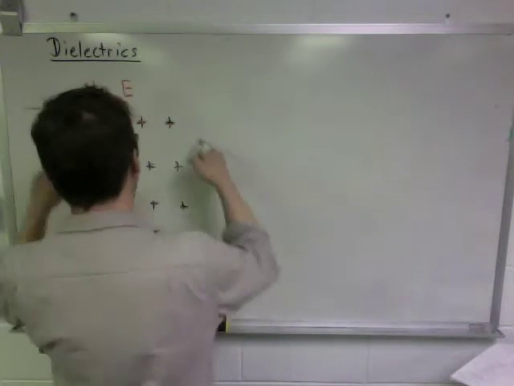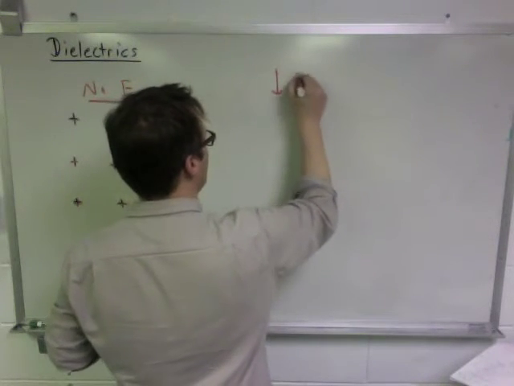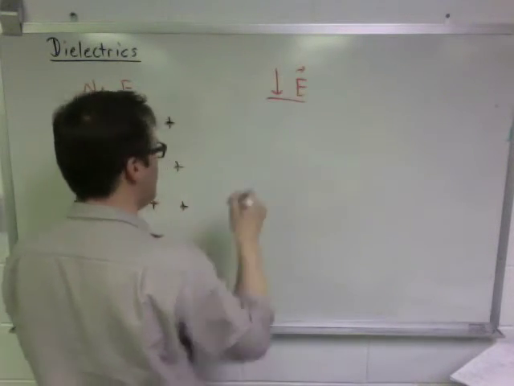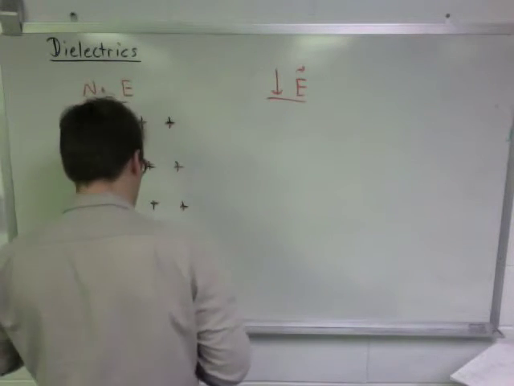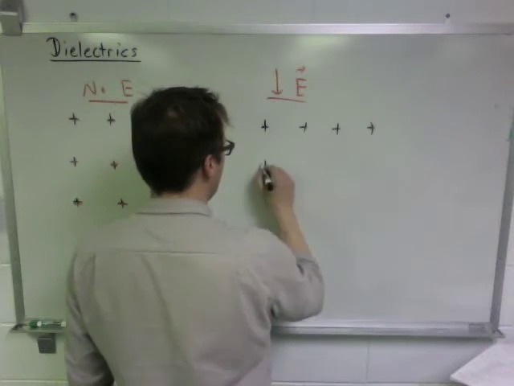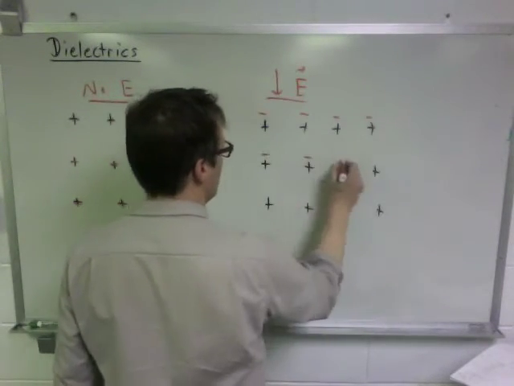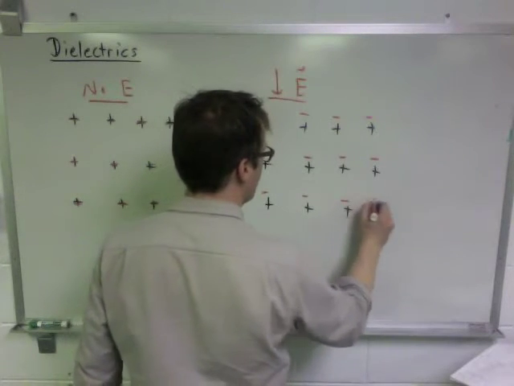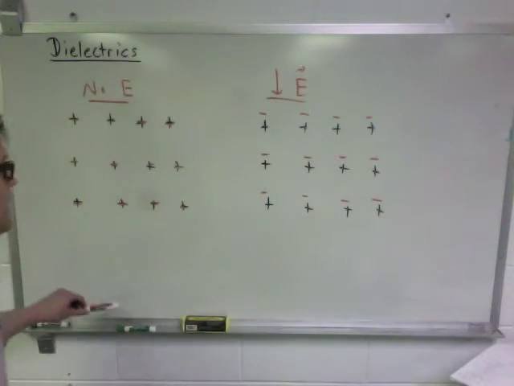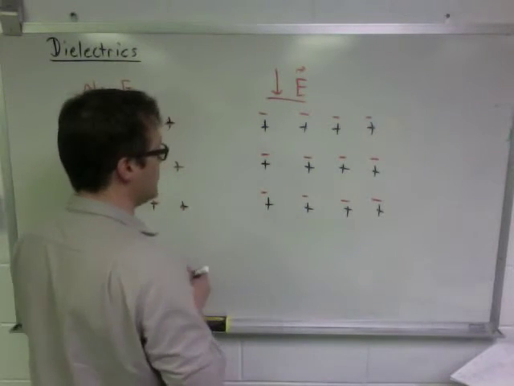But if I apply a downward electric field, then there's going to be a separation between the positives and the negatives.